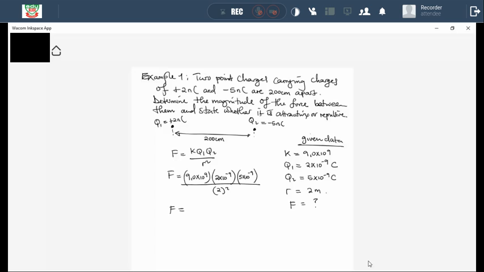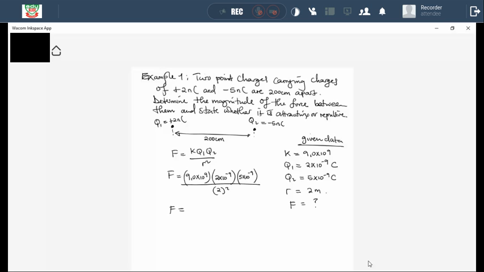So F equals... Now I need my calculator. I hope you are using a Casio calculator like mine, which can also use fractions. I open bracket and put 9 times 10 to the power 9 and close. Then I open bracket, 2 times 10 to the power negative 9, close.